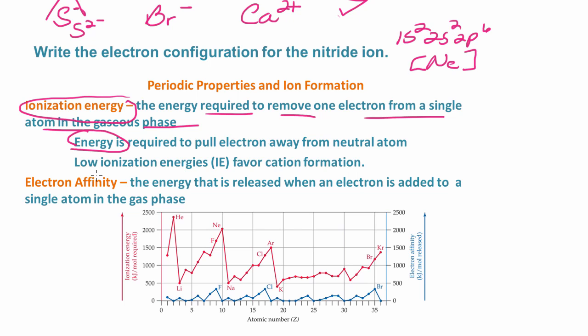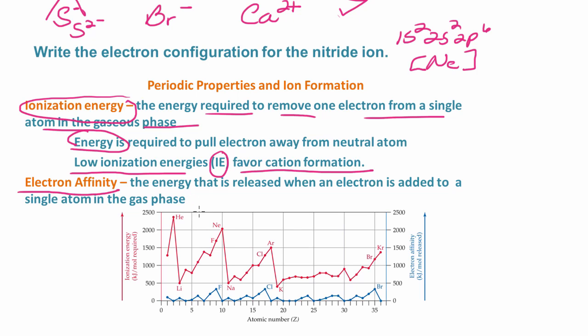It turns out that the less energy required, the more likely the cation is going to form. So low ionization energies, and we abbreviate that IE, will favor the formation of cations. A high ionization energy will not favor the formation of cations. Electron affinity: when one or more electrons is added to a single atom in the gas phase, there is energy that is released.